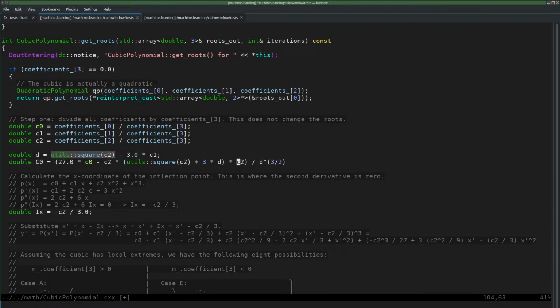Put it on that side. And this means that we divide it by d and the square root of d. So maybe I should just do d times the square root of d.